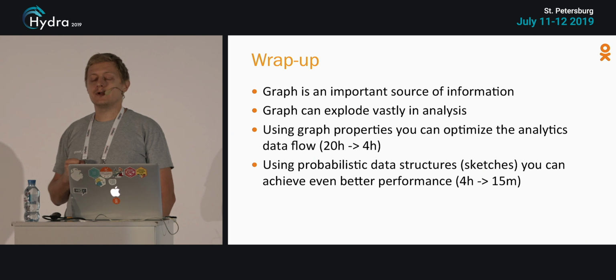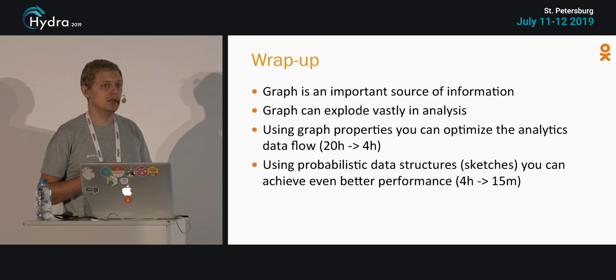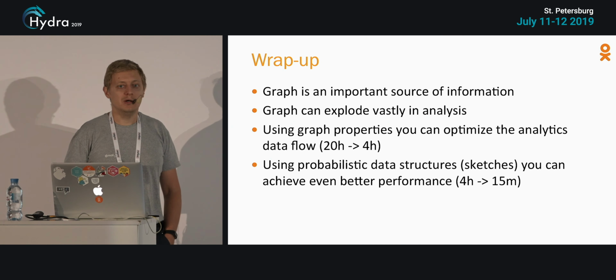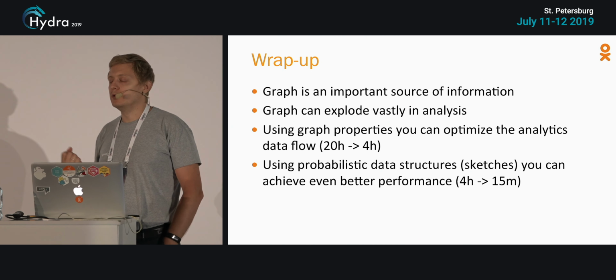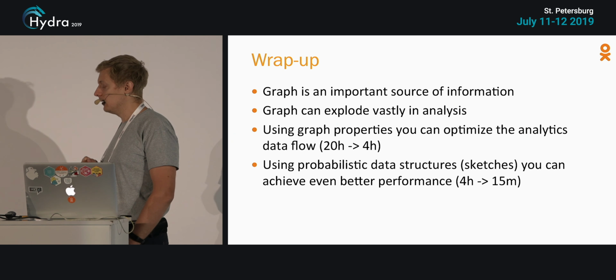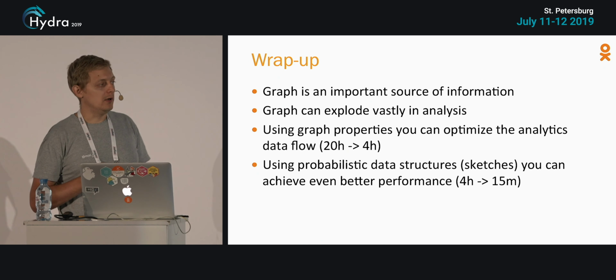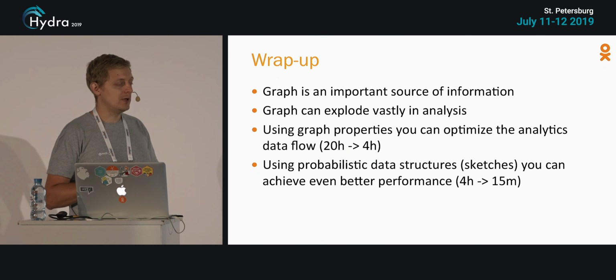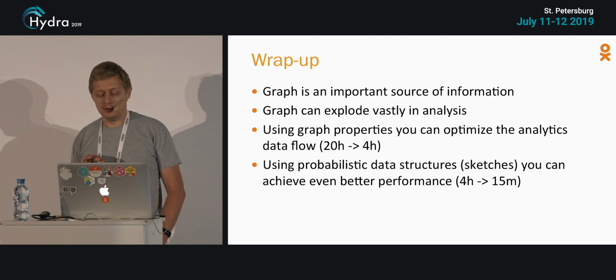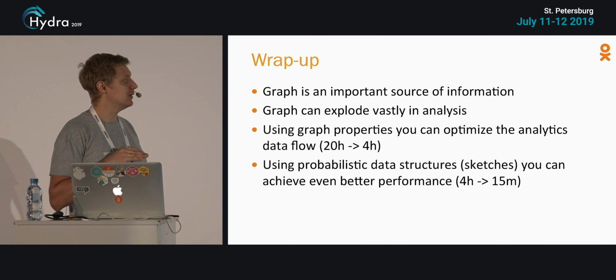But graphs often tend to vastly explode when you try to analyze them. A lot of graph algorithms are n² or even n³ complexity in memory and in communication, and this makes graph analysis really hard. But using some properties of the graph, you can actually speed up the analysis pipeline.